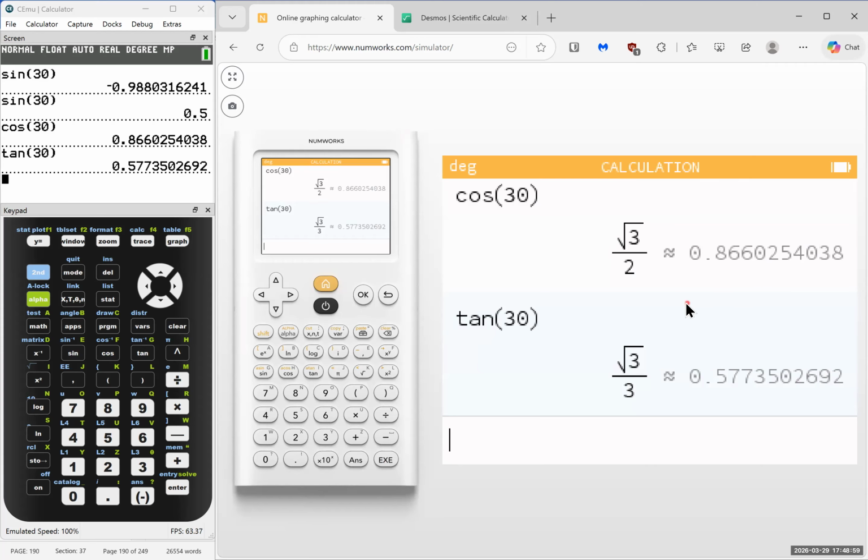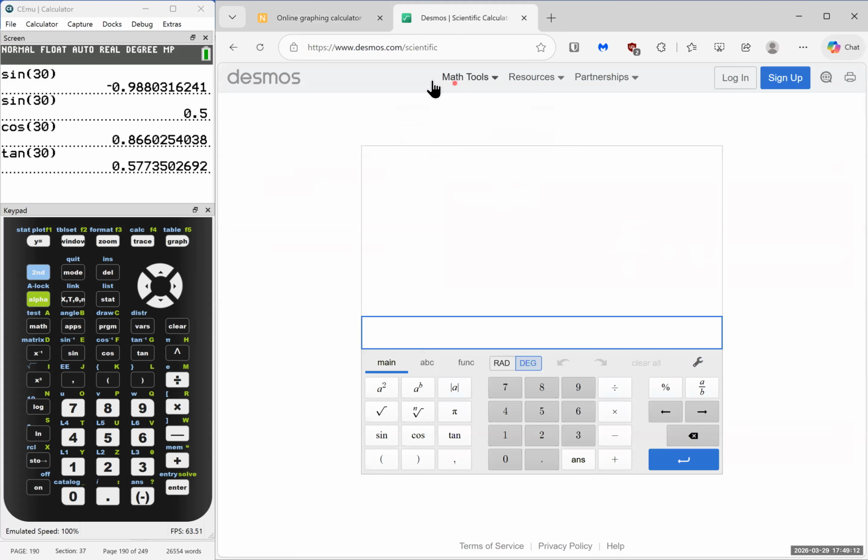And you see this calculator is giving both decimal approximations and fully accurate fractional values for each of these. The Desmos graphing calculator is not as efficient for calculating these trig functions.